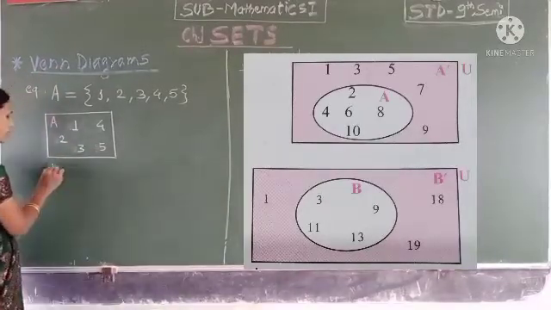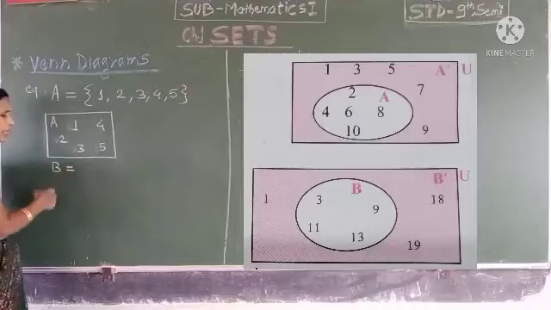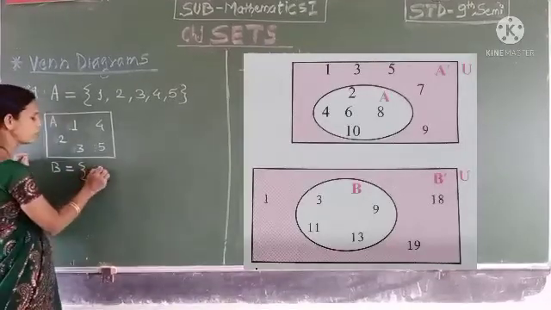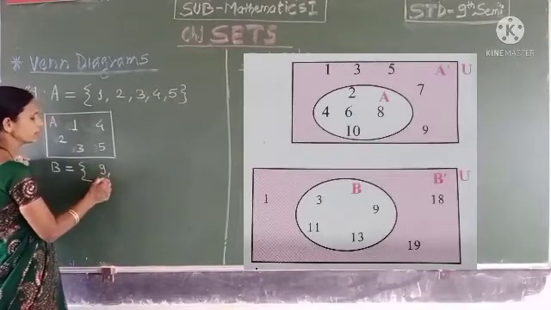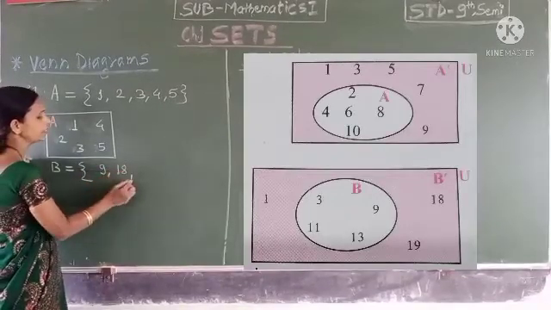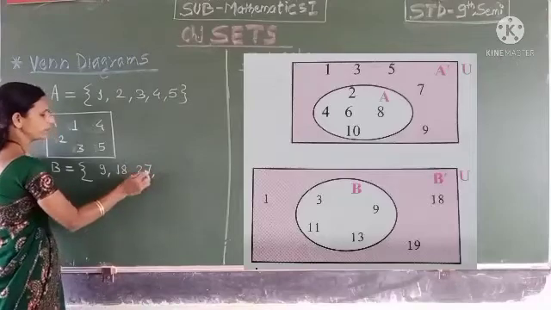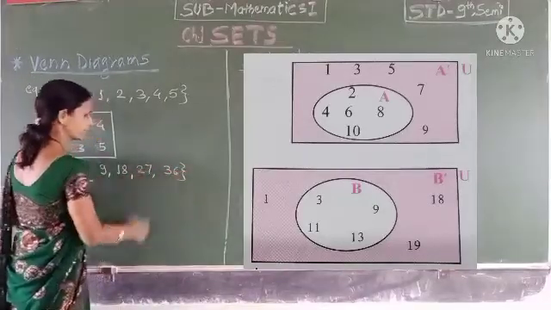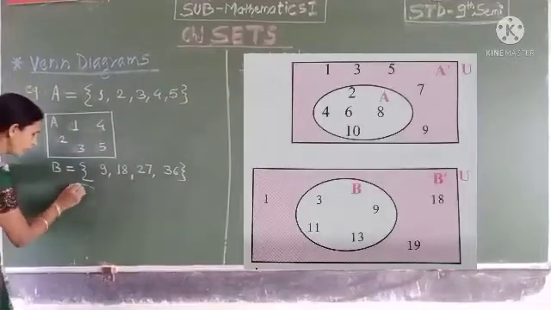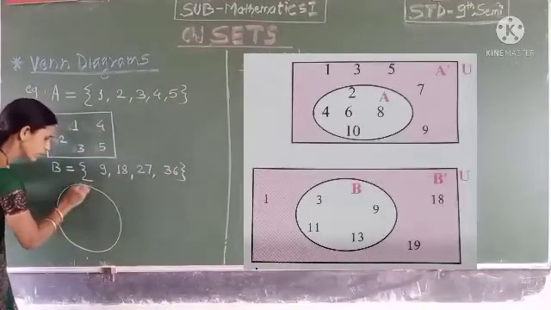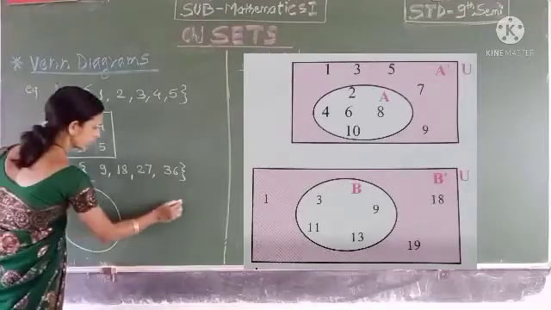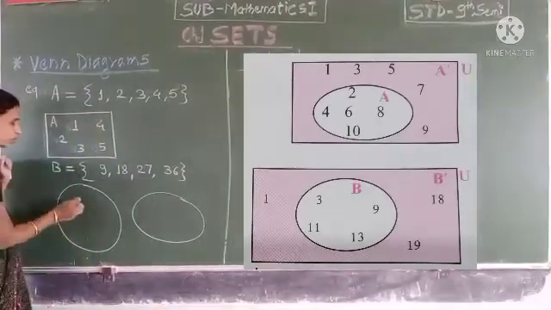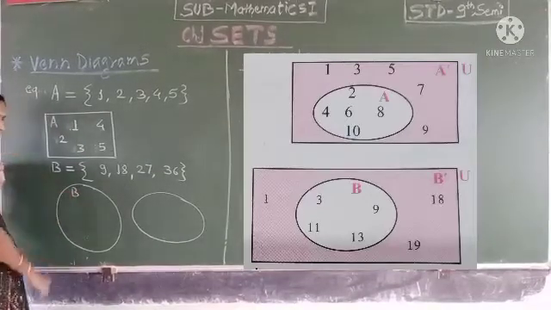See one more example: set B is a set of 9, 18, 27 and 36. Then you may use a circle or elliptical shape to represent the set.